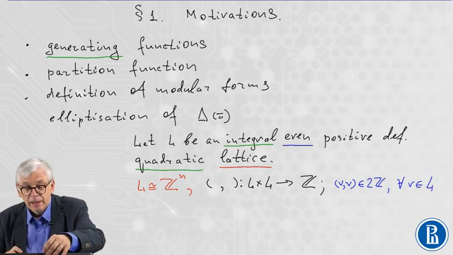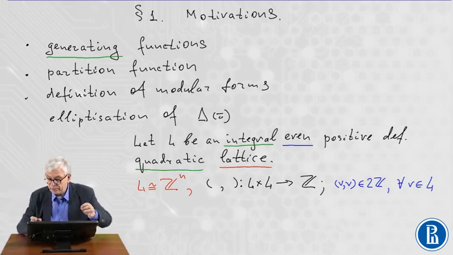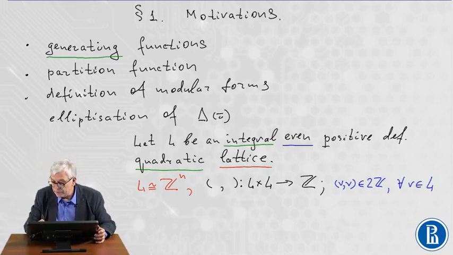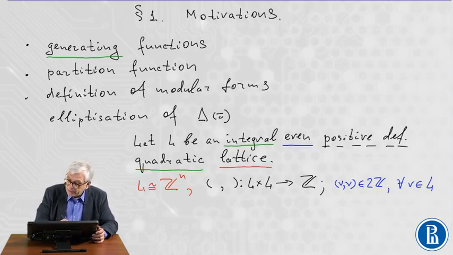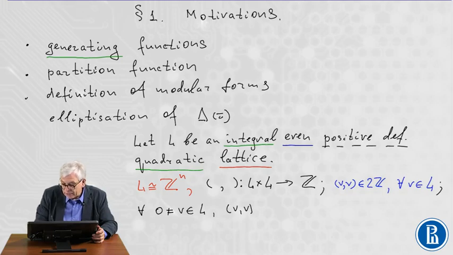And the last property, which is more or less evident, positive definite, means that for any non-zero v in L, its scalar square is strictly positive.